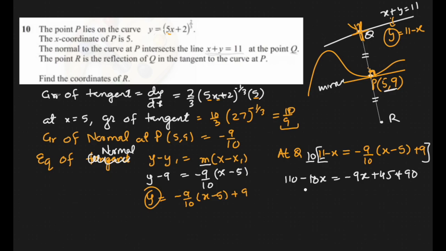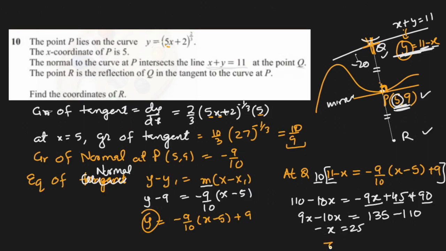Alright. So let's collect x's on one side. This 9 goes to the other side. So we'll add 9x minus 10x equal to 110 will be negative, right? So 135 positive minus, okay. And this will become minus 110. So minus x equal to 25.